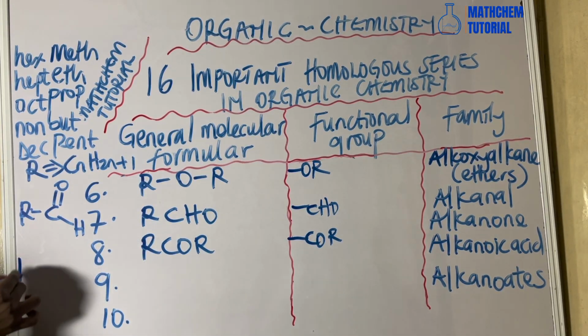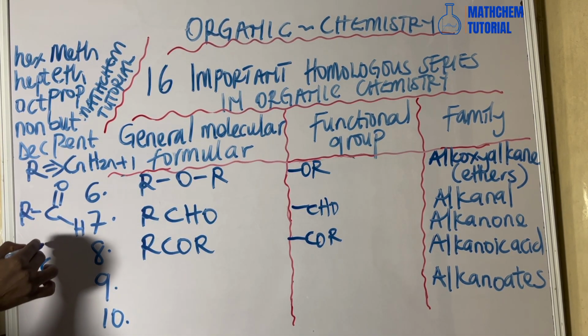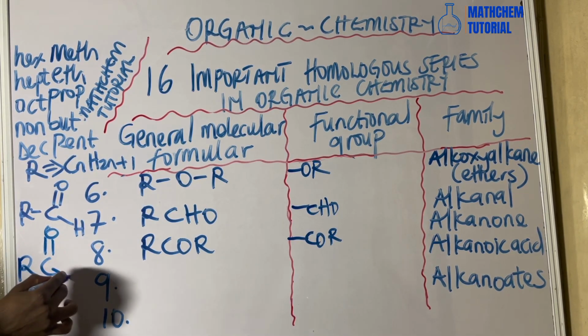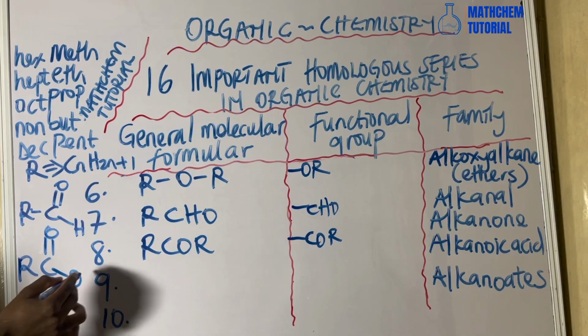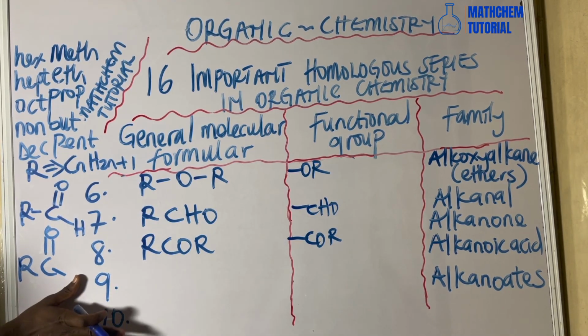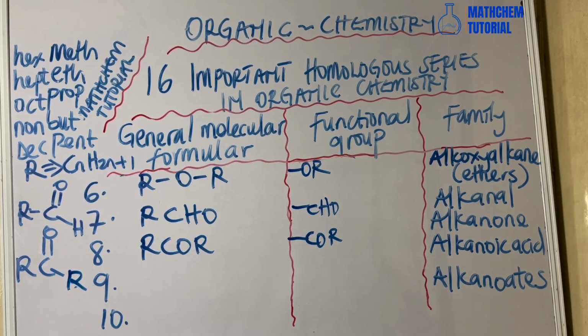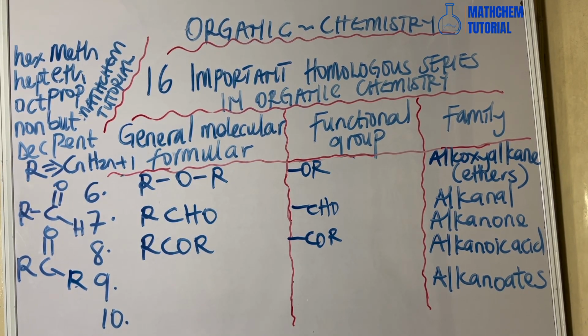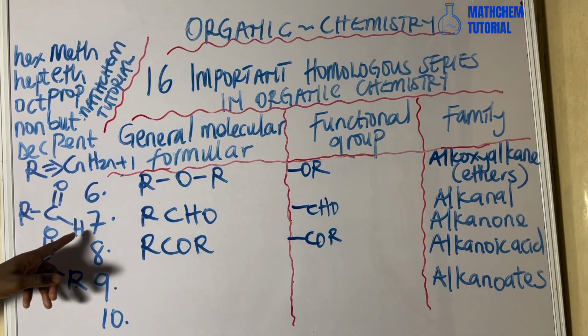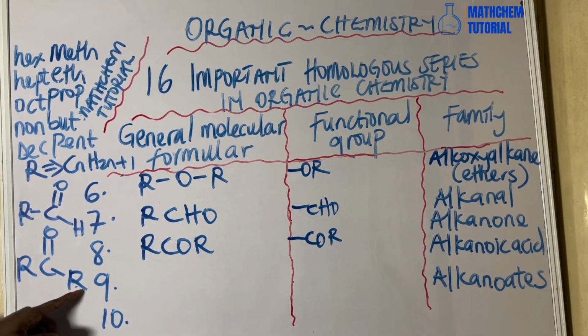This first R is attached to a C double bond O, and here is going to be R like that. So what is the difference between alkanal and alkanone? The difference is that here is H and here is R.